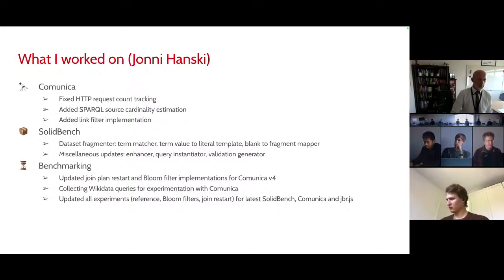And then there's also a link filter implementation for link traversal. And then I also did some Solid Bench stuff for my experiments and also to just clean up the repositories. And then I updated my join restart and bloom filter implementations for Communica version 4, which took a while.